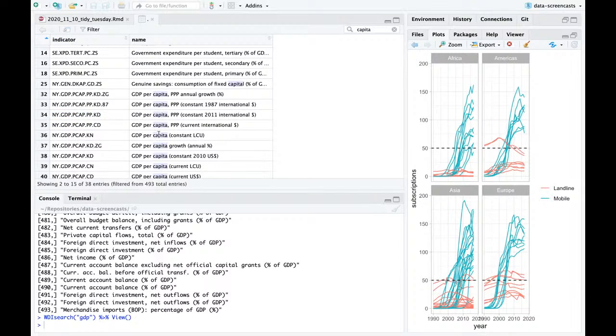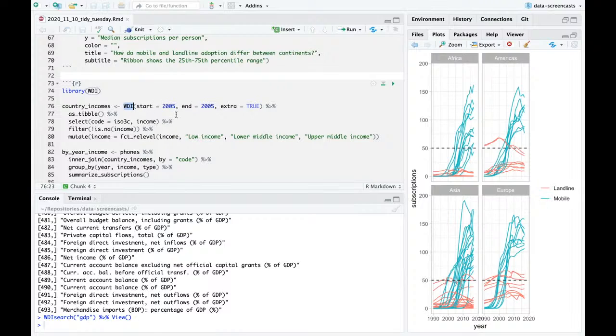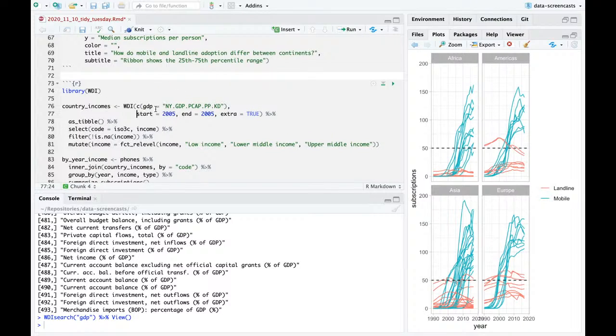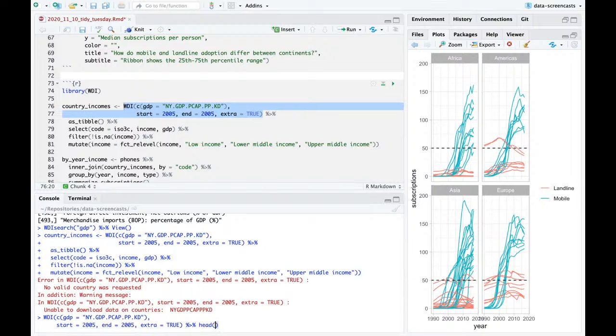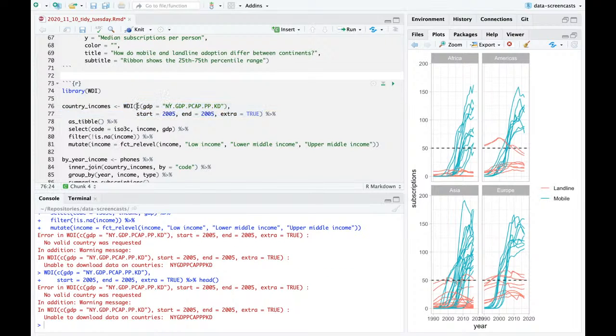A lot of people just standardize on that. All right. I think this is how I do it. I give it a name, vector GDP equals. No valid country was requested. Oh, it's not a country, it's indicator.